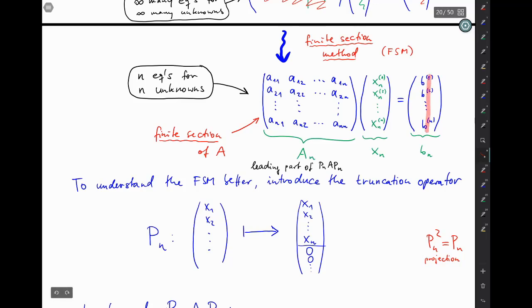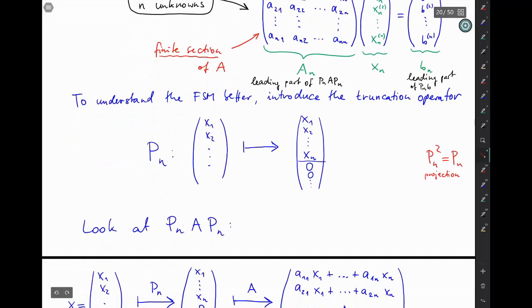And this right-hand side vector of length n is just the leading part of the infinite vector Pnb, which consists of exactly these entries and then followed by infinitely many zeros.